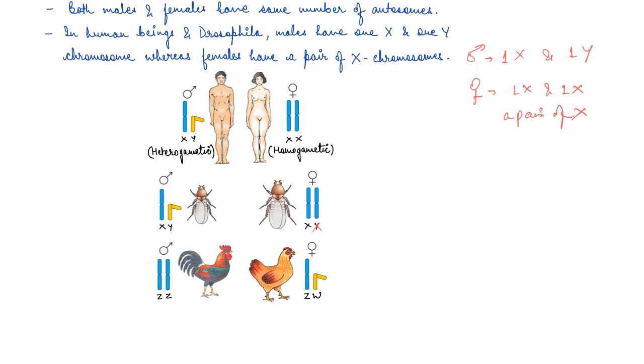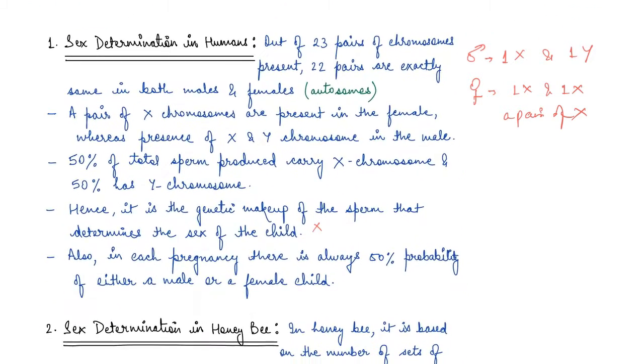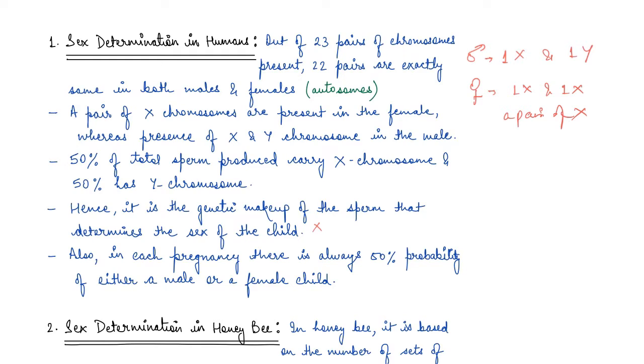So let's see what happens in sex determination in humans. Out of the total 23 pairs of chromosomes, 22 pairs are autosomes which are exactly the same in both males and females, right?